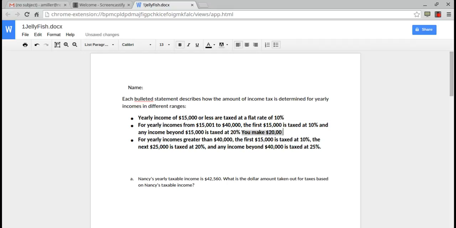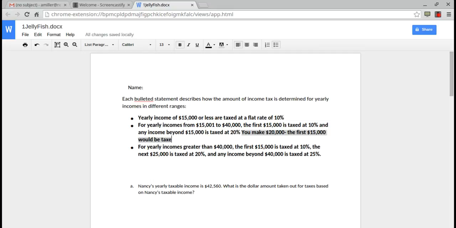What this would mean is the first $15,000 would be taxed at 10%, and then you have to find the amount that's remaining. If the first $15,000 is taxed at 10%, how much is remaining?